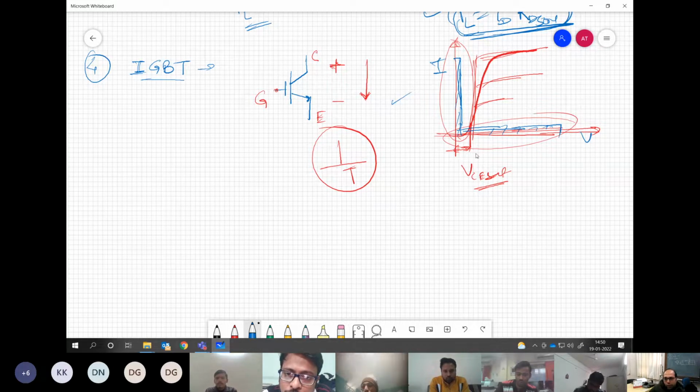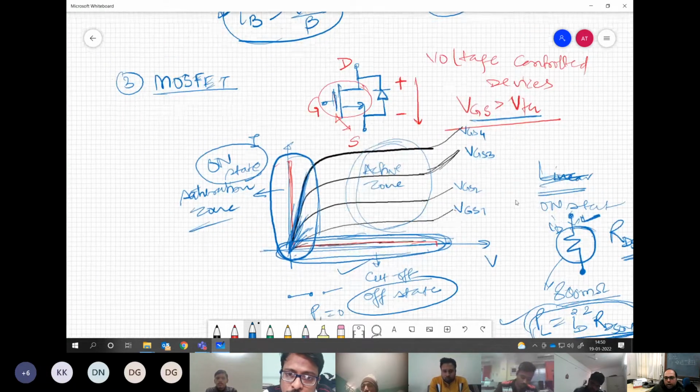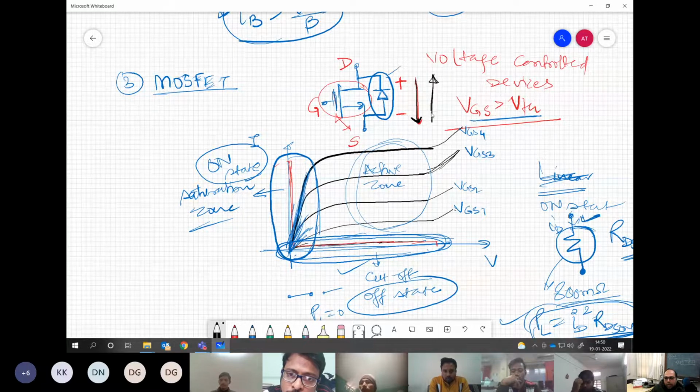Now I have told that the MOSFET has one special thing which is called the body diode, and this is invariably there. When the MOSFET is manufactured, this is by default there. What this diode does is that, apart from this direction of current conduction, it allows the device to carry current in the reverse direction as well. Understanding my point?